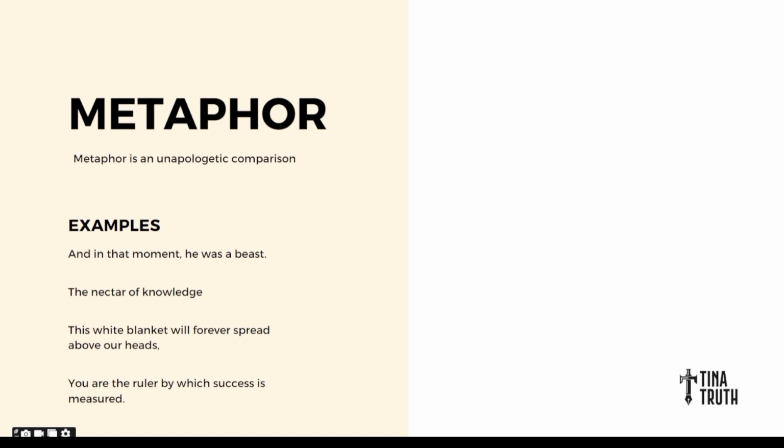When I say the nectar of knowledge, I am telling you that knowledge is like a flower. Because does knowledge have nectar? No. What has nectar? A flower. So when I say the nectar of knowledge, I have unapologetically told you that knowledge is a flower and it has nectar.